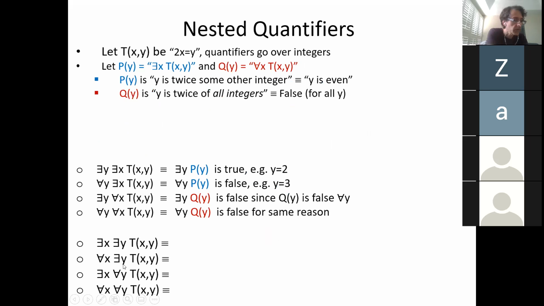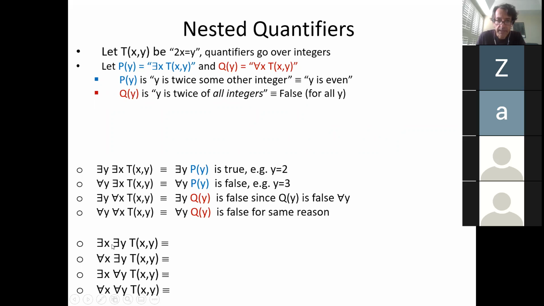What about we switch the order? So what if we say there exists an x such that there exists a y such that twice x is y, right? So let's use the same methodology. Let's look at these two and recognize that there are predicates on x, where the predicate is this inner thing.